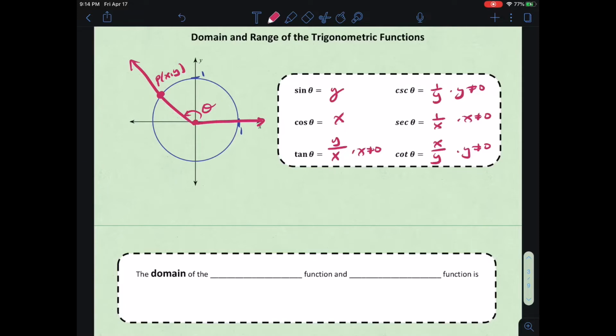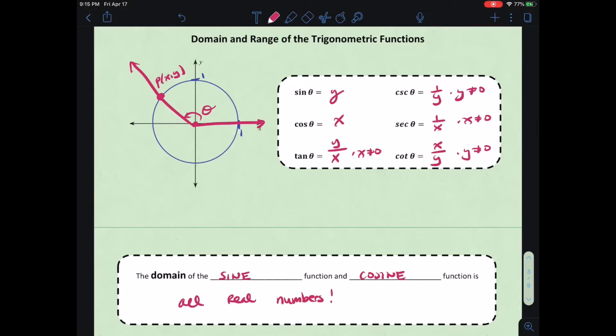And so using that reasoning, the domain of the sine and cosine functions is all real numbers, or using interval notation, negative infinity to infinity. In this case, you can find sine and cosine of any number that you want.